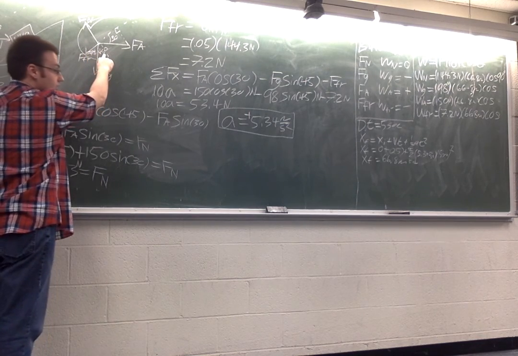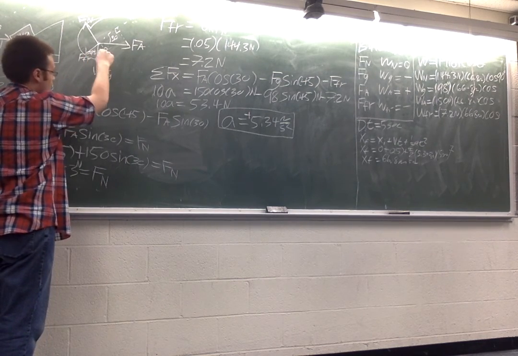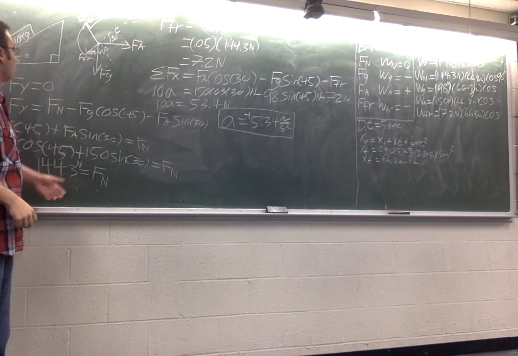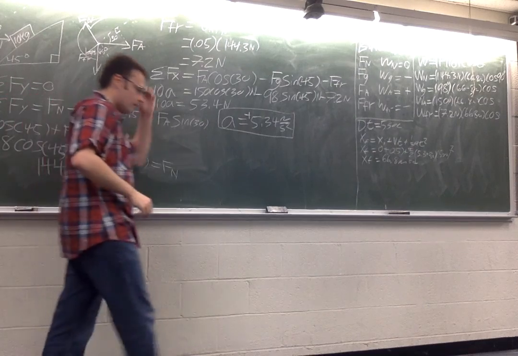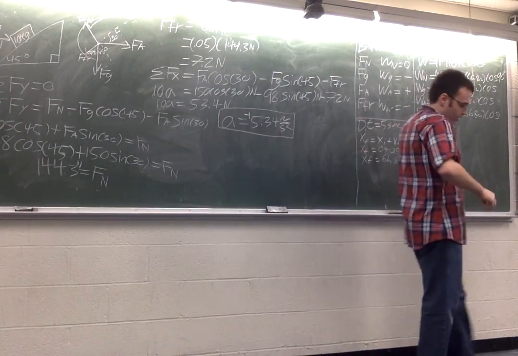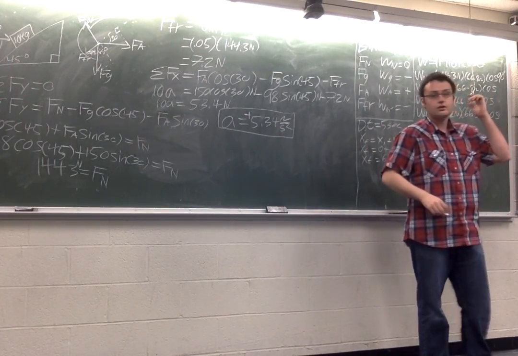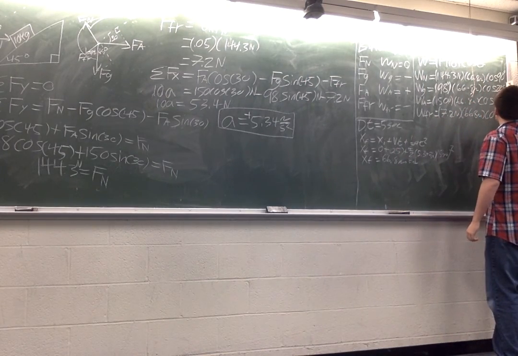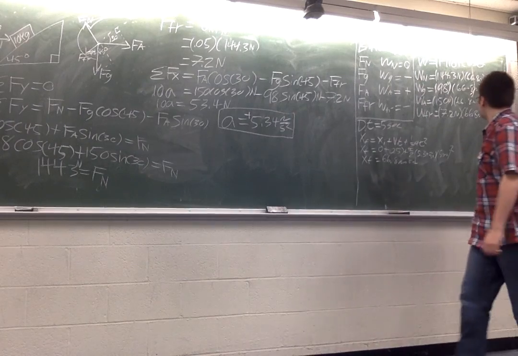If this were 50, this would be 40. If this were 89, this would be 1. So 180 plus 45 should be 225. So 225 goes here.